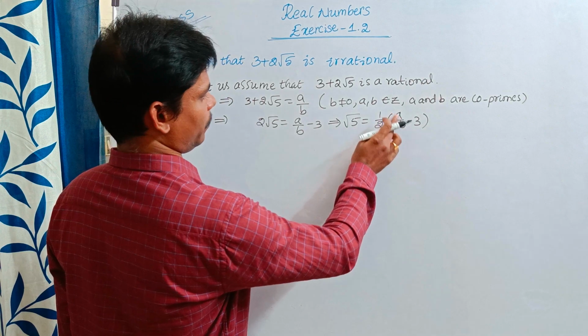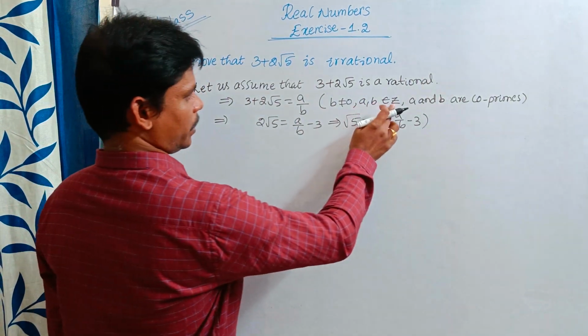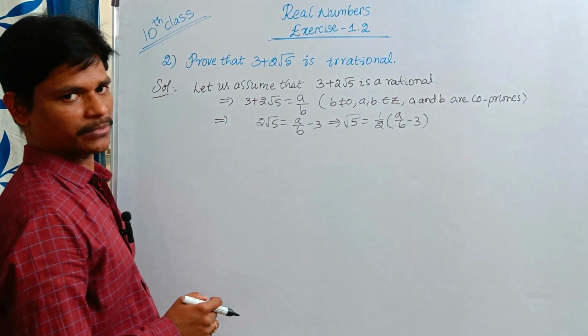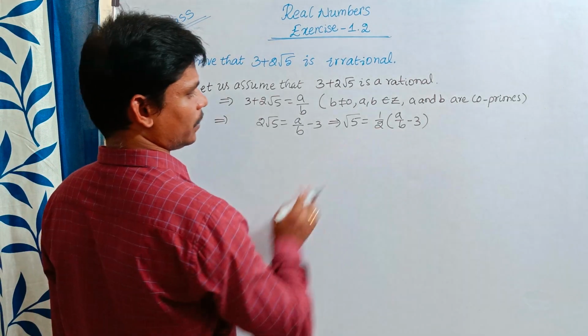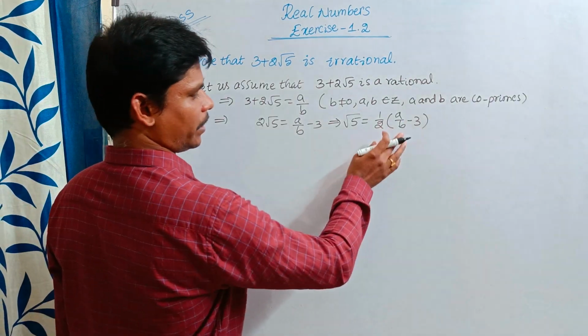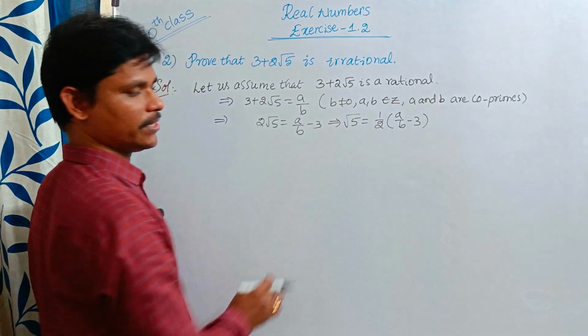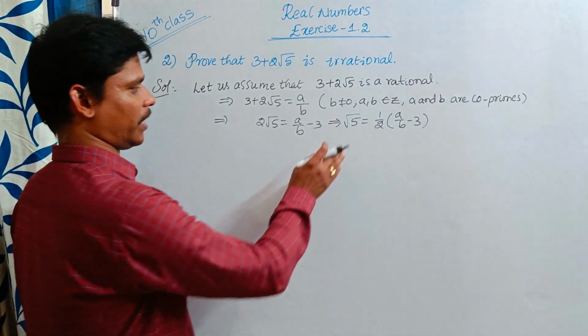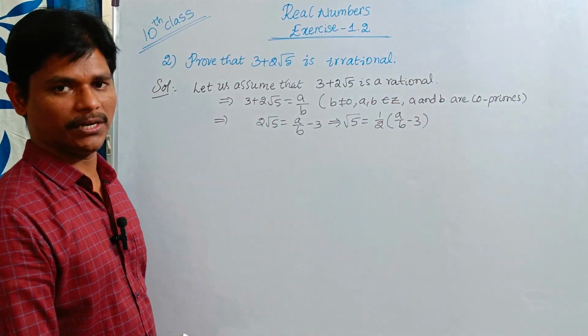Here a and b are integers and co-primes, so 1 by 2 of (a by b minus 3) is a rational number. Then root 5 would be a rational number. But this contradicts the fact that root 5 is irrational.